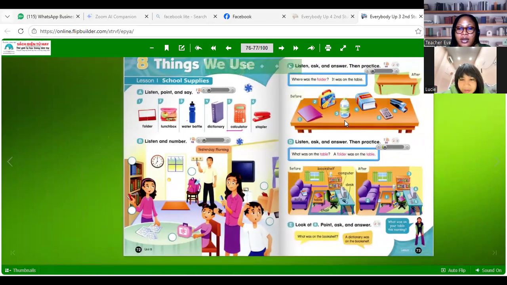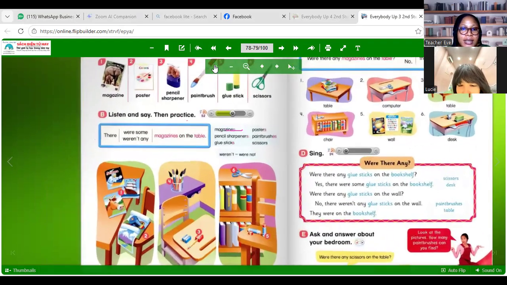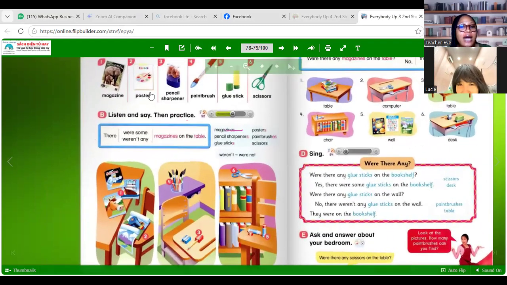Okay. All right. So let's move to the next page. Okay. So now let's look at the art supplies. Okay, so let's learn how to pronounce these words, starting with number 1. Lucy, read this. Magazine. You tried. Again.